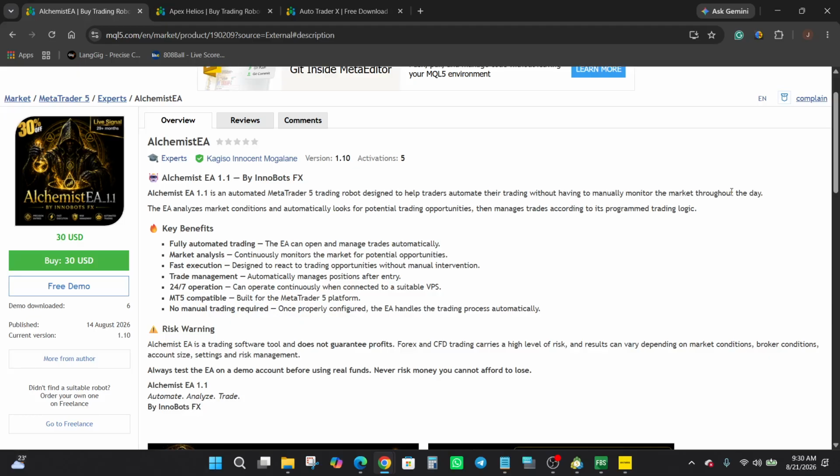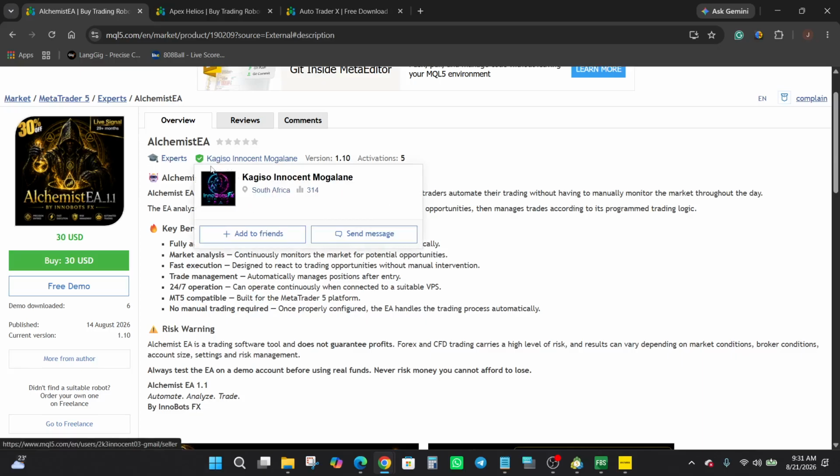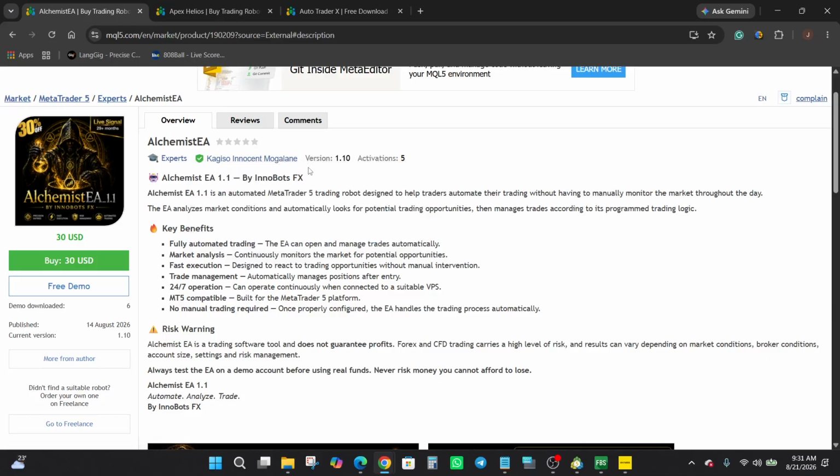Starting from the top of the listing, Alchemist EA is priced at $30 on the MQL5 marketplace, and it is listed under the experts category. We can see that it's developed by Kagiso Innocent Mogalain, trading under the brand InnoBots FX.